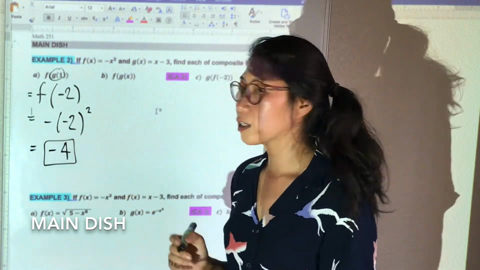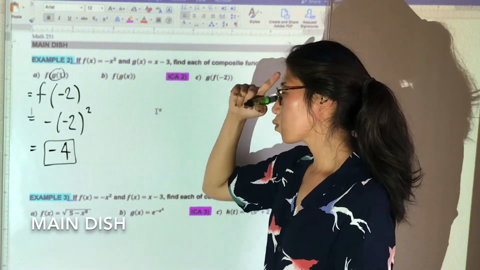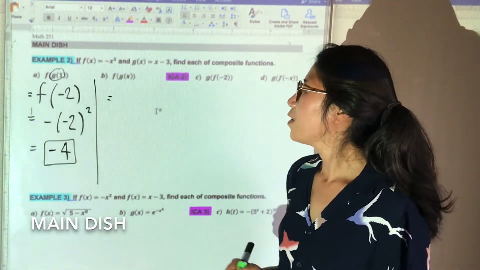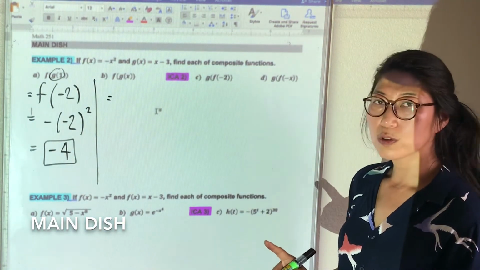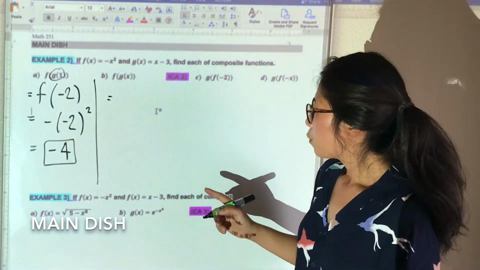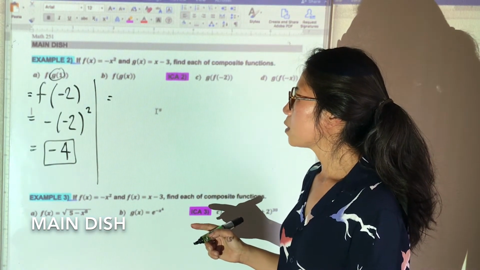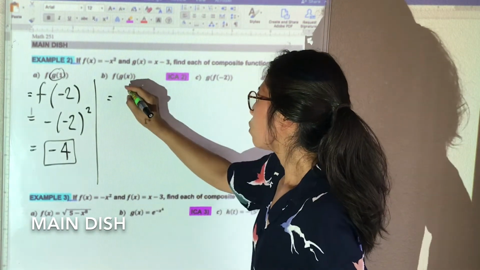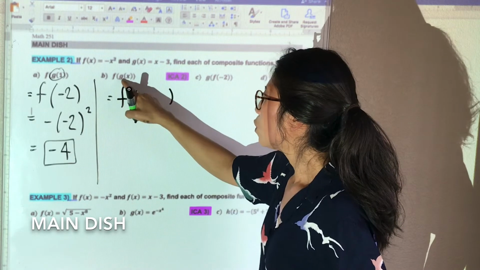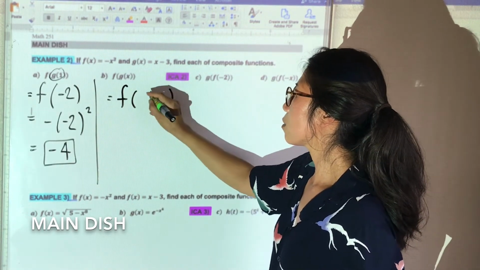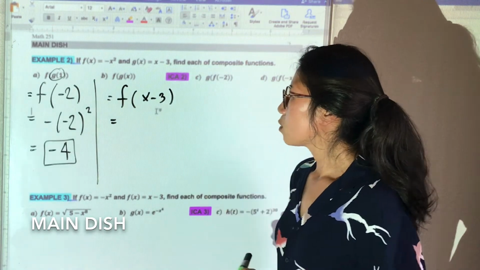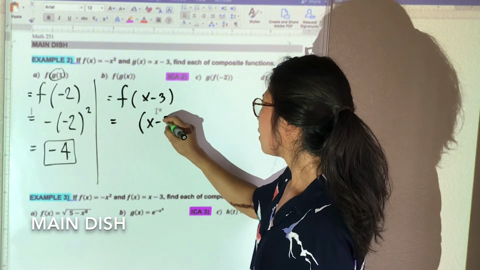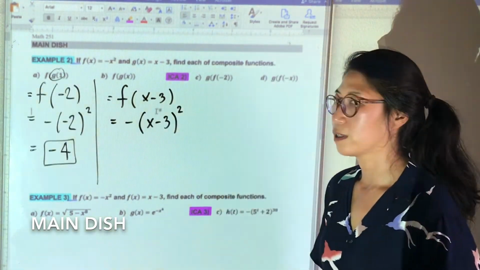Okay, class, make sure that you understand the negative sign here. Do not just assume that it's going to be 4 or negative 4. Okay, next one. This time we are going to make a formula. If you think about coding, this is the same as putting the whole thing together into one equation. So let's plug in carefully. g of x is x minus 3 as the inside piece here. So I replace it, and f means square everything and then make it negative.